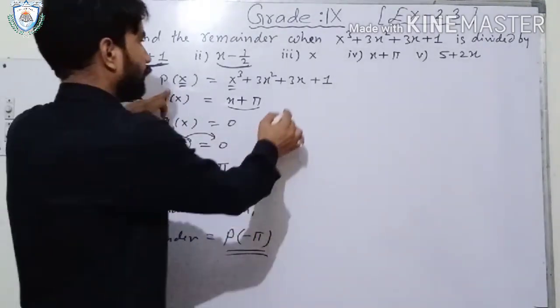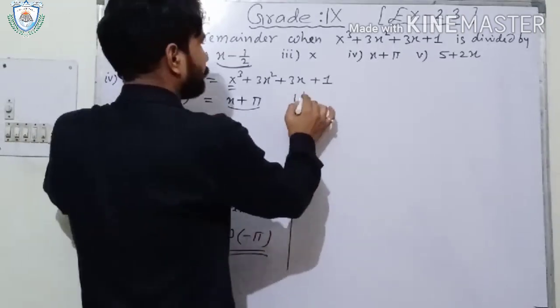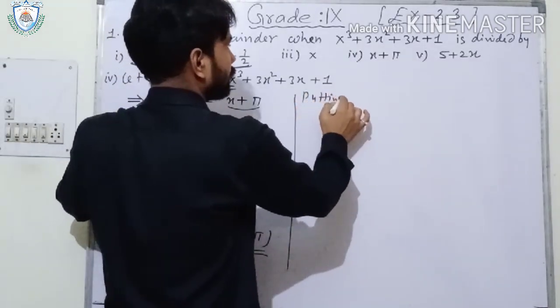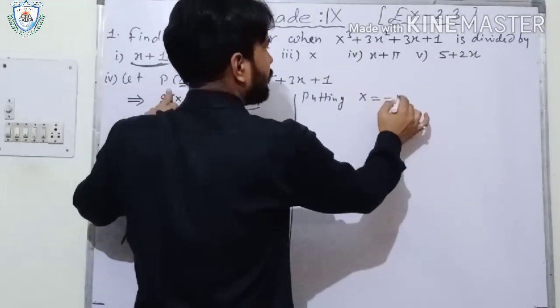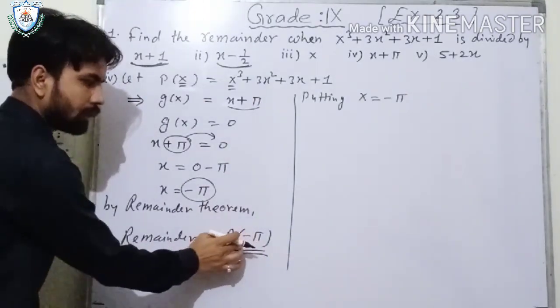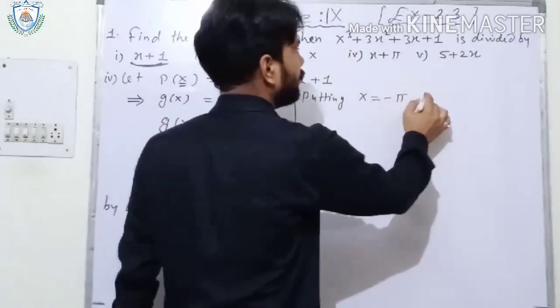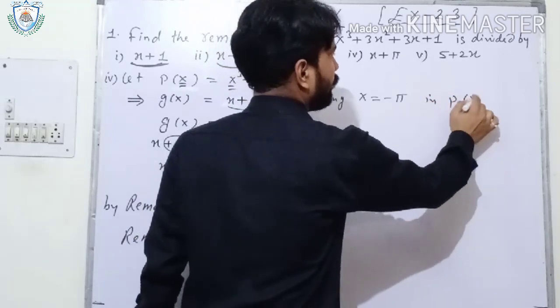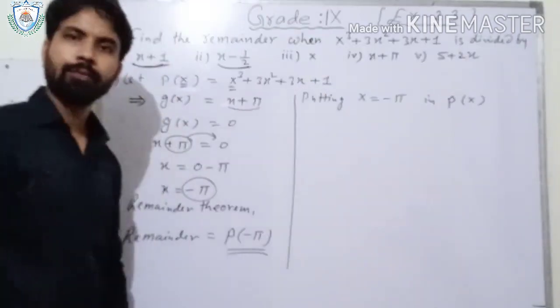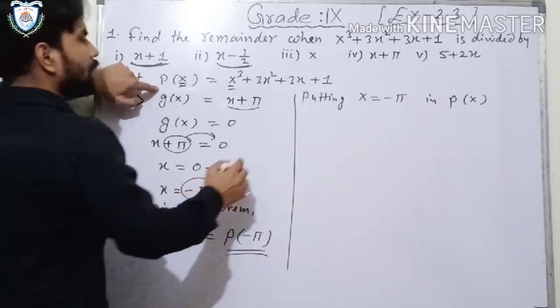Clear? So what we have to do here? Putting x equal to minus pi in P of x. So P of x is this.